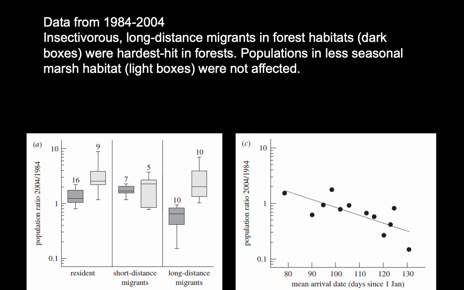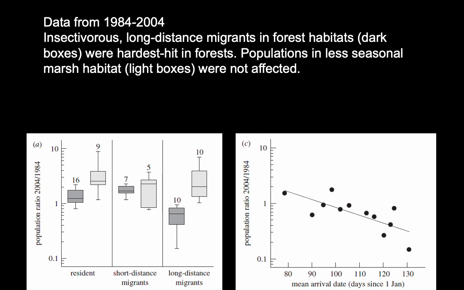And wetlands or marshes are less seasonal. They experience less perturbations in temperatures because of the presence of water, acting as a kind of temperature buffer, and so they see less of a peak shift in insect production as temperature changes.